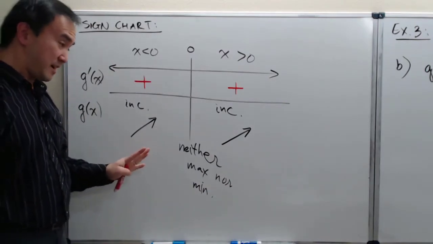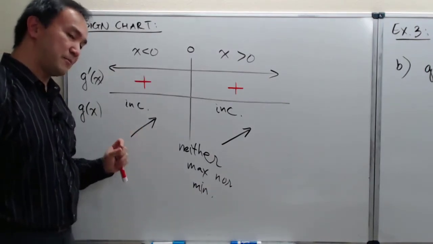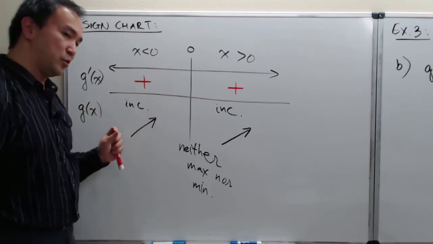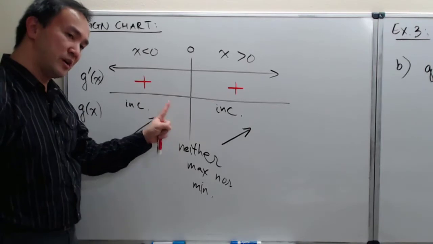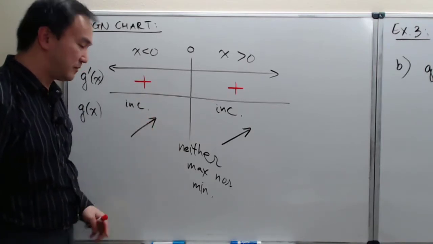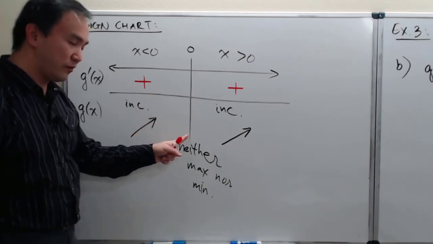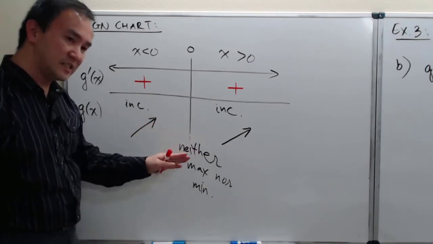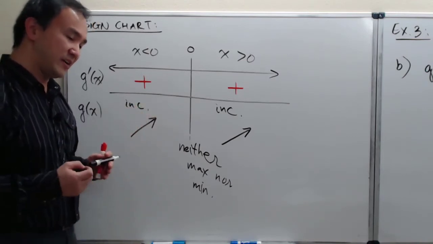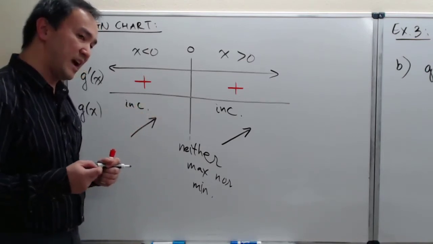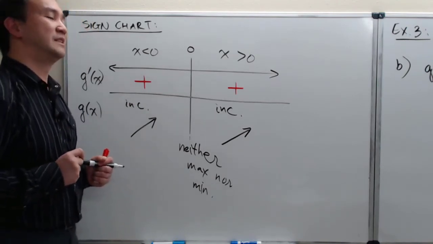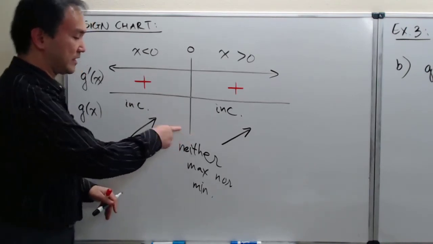So it does happen. I purposely prepared this example so viewers can understand that there are cases where a function has a critical value, but it's neither a maximum nor a minimum. There are other cases where we run into critical values like this. So just because we have a critical value doesn't necessarily mean we have to have a maximum or a minimum. That quick little example is right here.